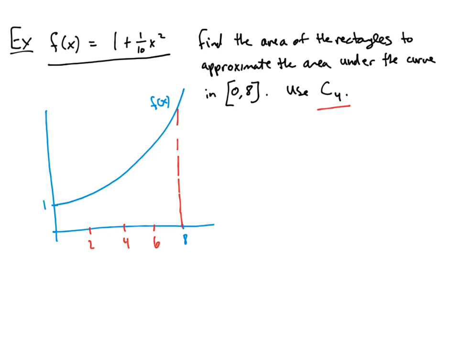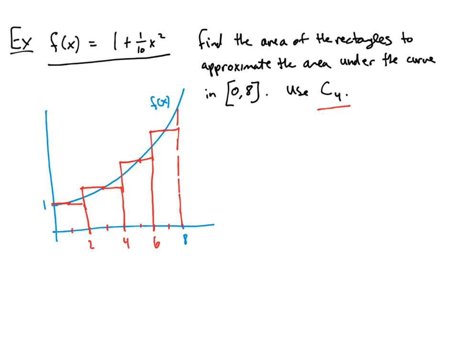So what that means is each halfway point of these subintervals is where we're going to have the height of the rectangle. All right, so we'll end up with that.